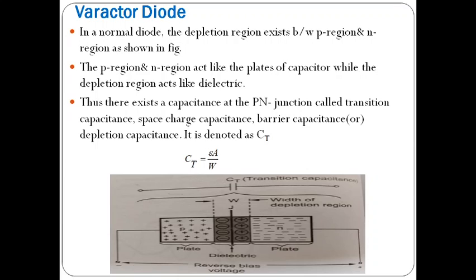We know it is represented with CT is equal to epsilon A by W. Here epsilon is the permittivity of the semiconductor, A is the cross section area, and W is the width of the depletion region. So the capacitance is varying according to the reverse bias voltage of the PN junction diode.